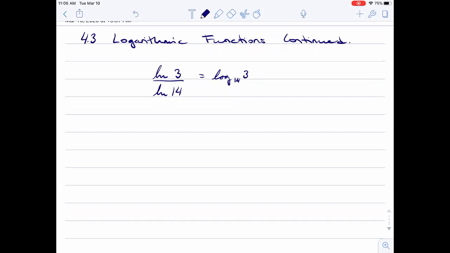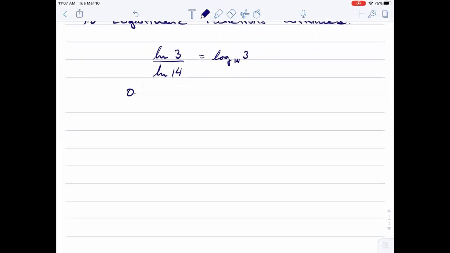Okay, so the natural log of 3 divided by the natural log of 14, I get 0.41628966639. Yeah, so that's what I get if I do natural log 3 enter and then divide by. But if I just do natural log 3 divided by natural log 14, I get 0.1281. Oh, because I think what it might be doing if you don't close the brackets is it would take the natural log of 3 divided by the natural log of 14, like that.